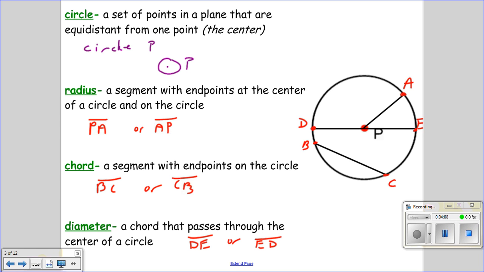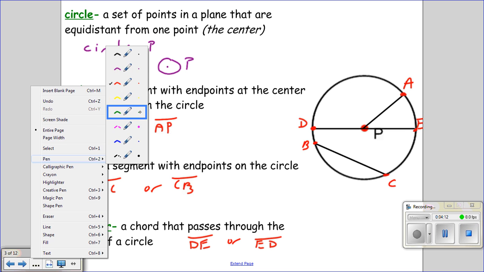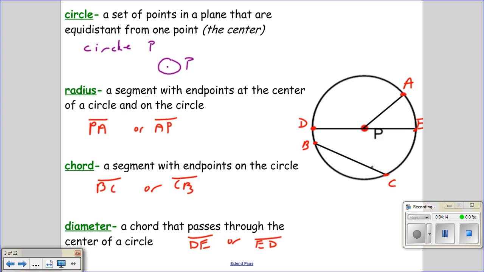Now there's some extra information that you need to know about the diameter. Since the diameter goes through the center, it's basically one radius and another radius. So the diameter is equal to 2 times the radius. Again, 1/2 of the diameter is the radius.